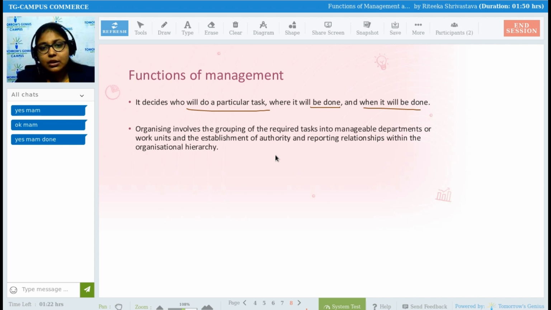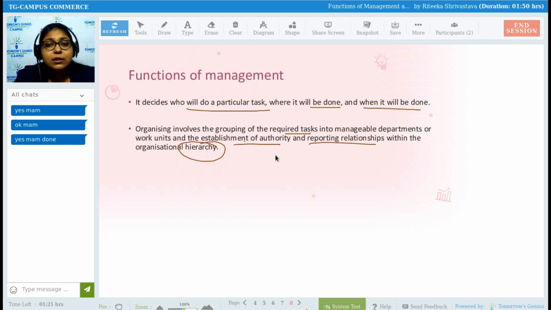So organizing involves grouping of the required tasks into manageable departments or work units, establishment of authority, and reporting relationships within the organizational hierarchy. As we said, organizational hierarchy is very important. Who is superior, who is subordinate, who is going to give the orders and who is going to take the orders.